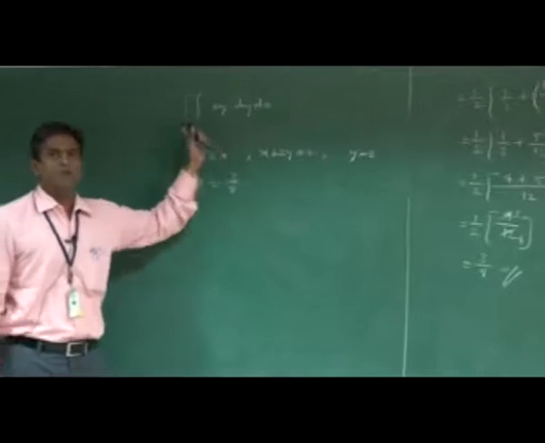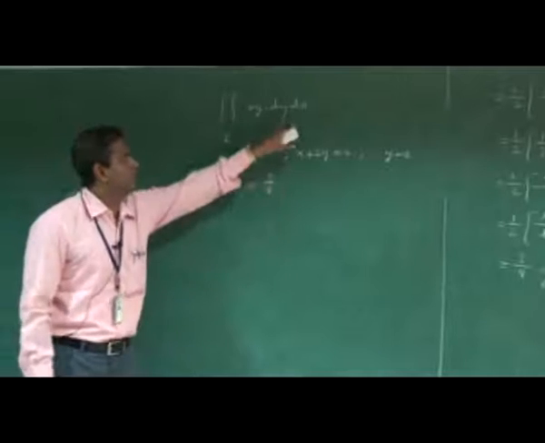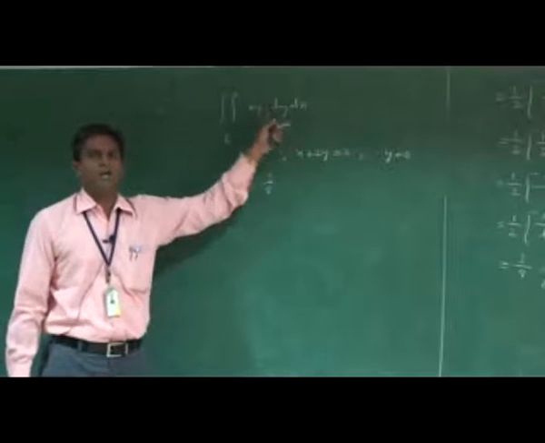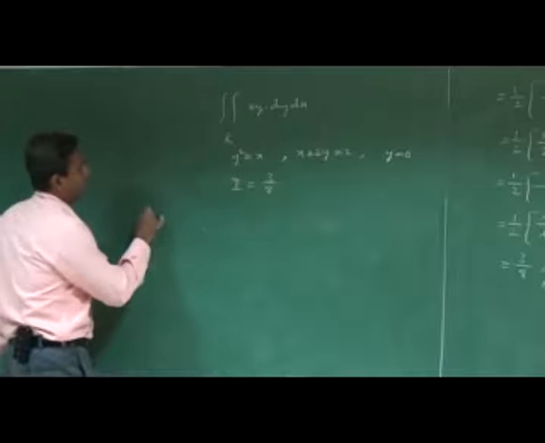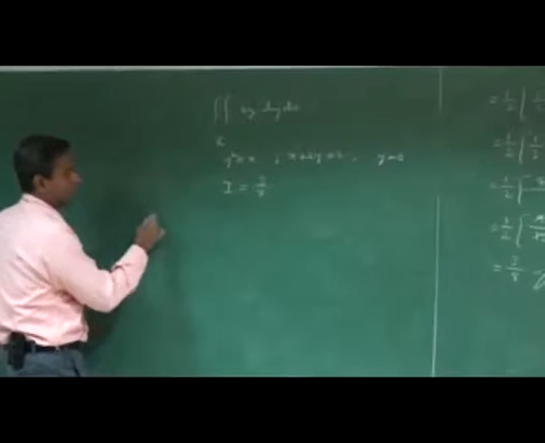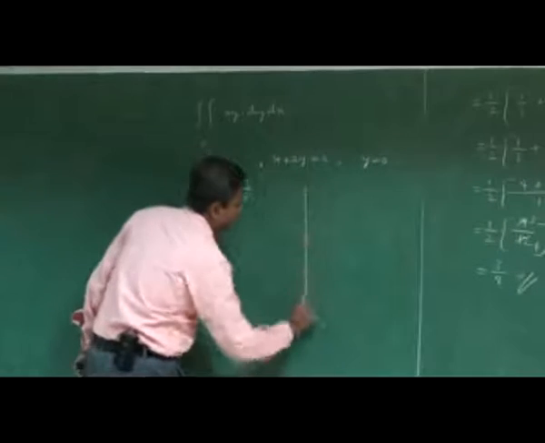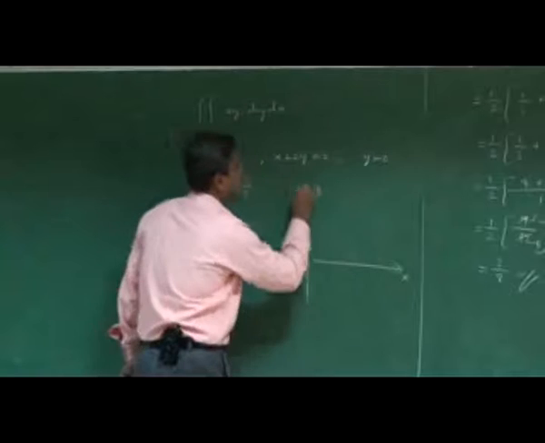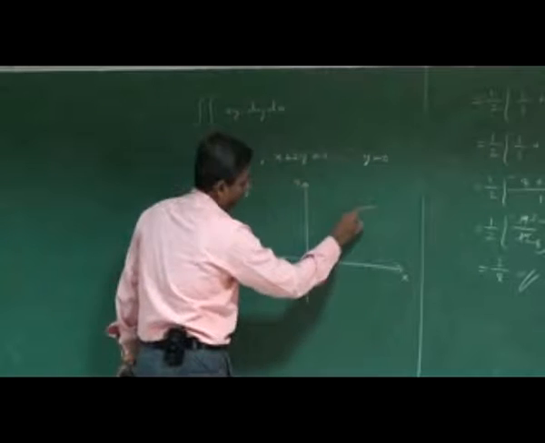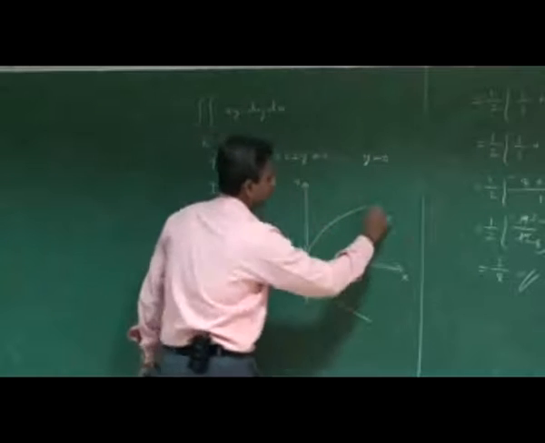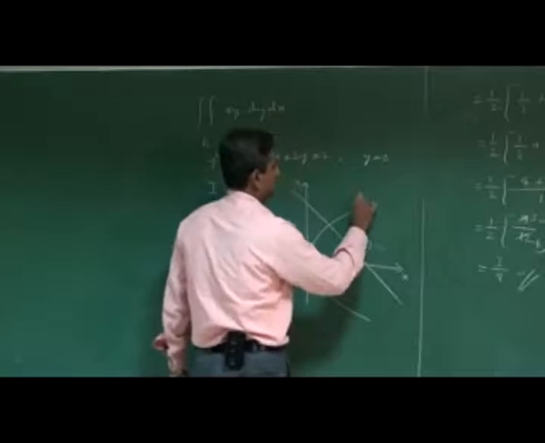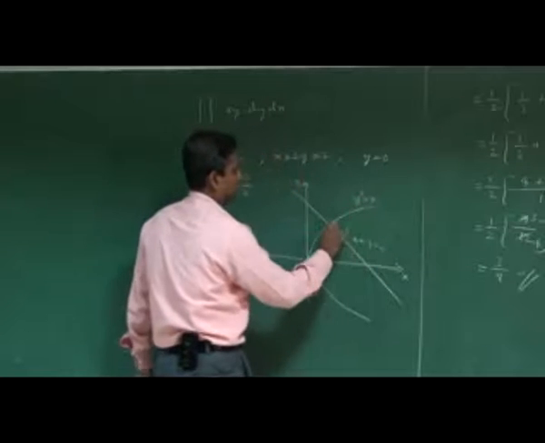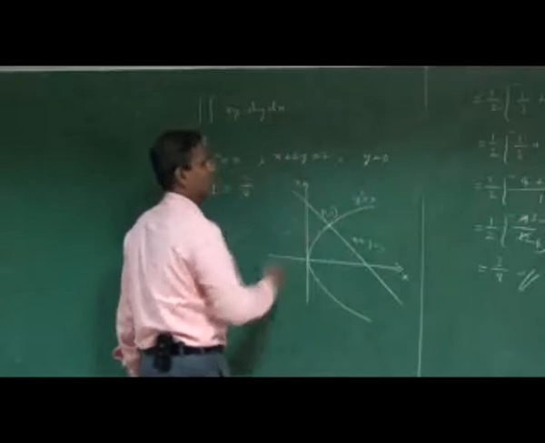The same region we take, and we change the order, what happens? We will see. Now we change the order, that is the same case we take, and then the regions are x and y, and the parabola is there, and the straight line x plus y equals 2 is there, y squared equals x is there, and the intersection point is 1 comma 1.